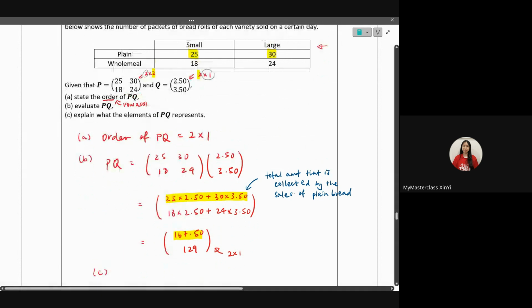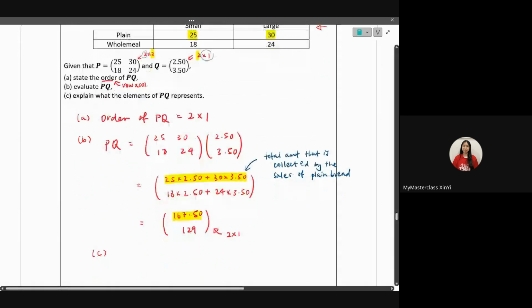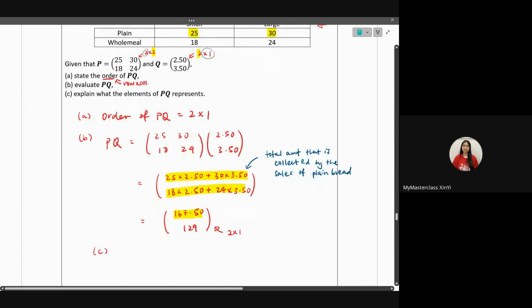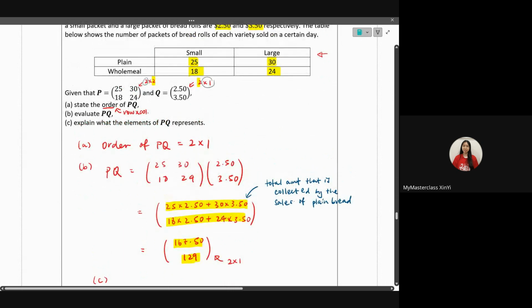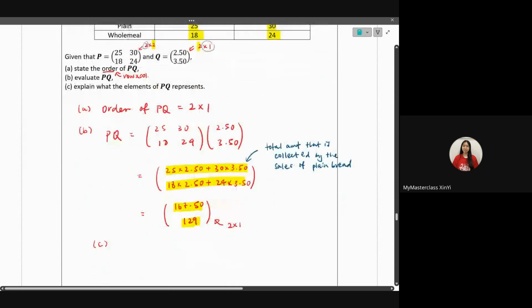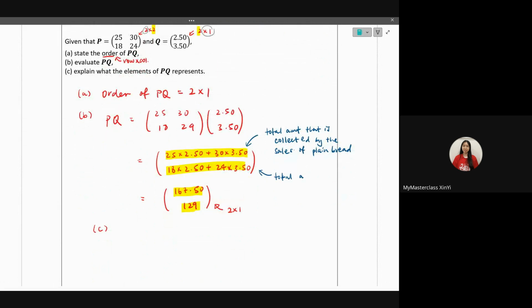Then the second entry will be the total amount collected for the sales of wholemeal bread.